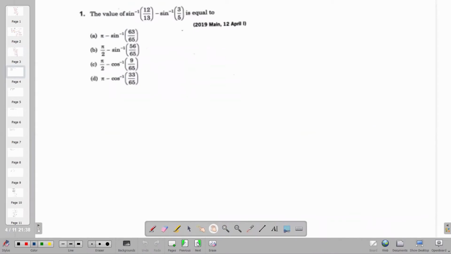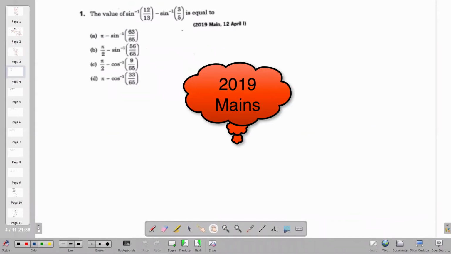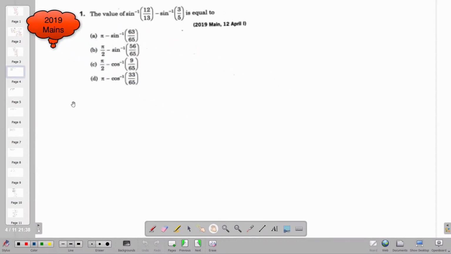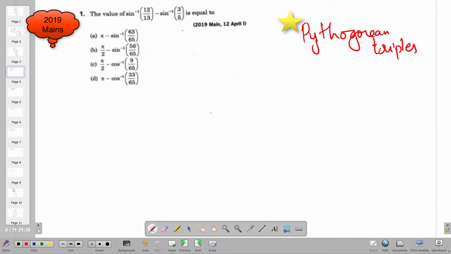Another application is here. In this particular question, we have to remember a few Pythagorean triplets, and we are frequently using these Pythagorean triples.